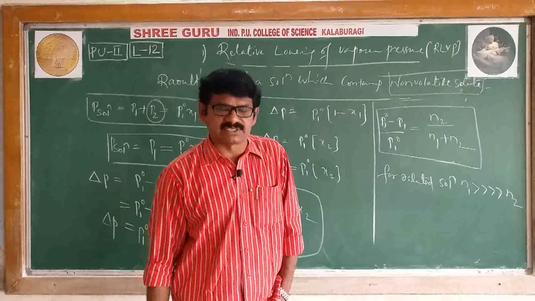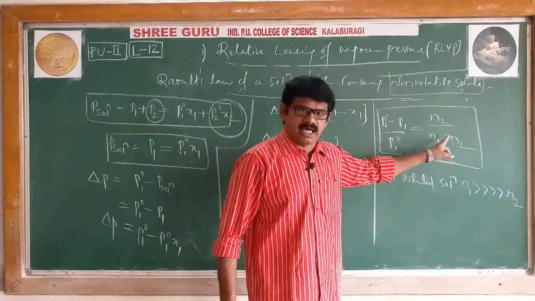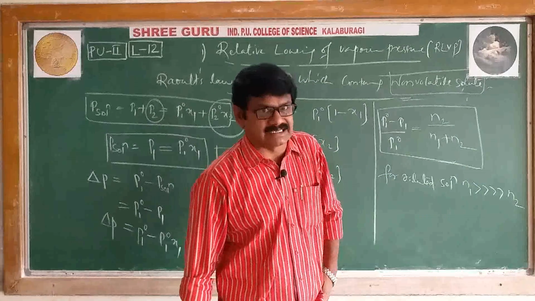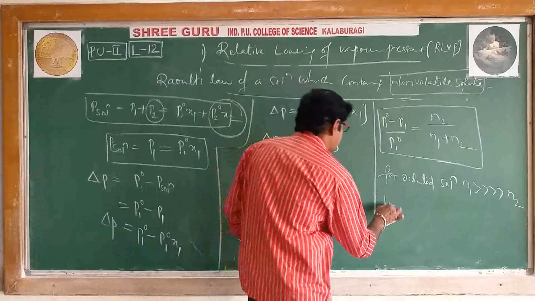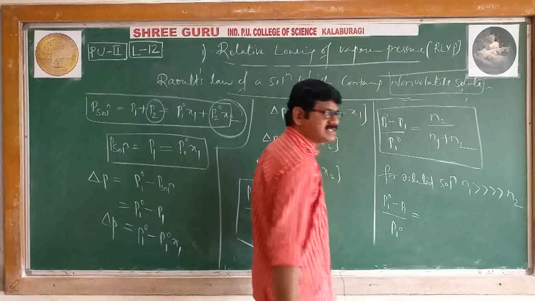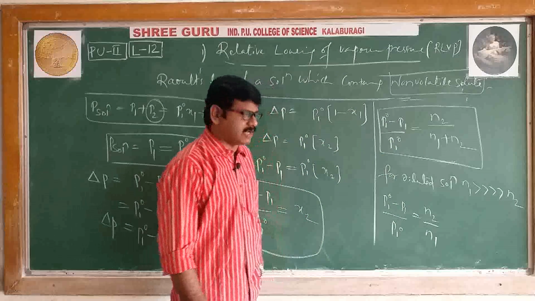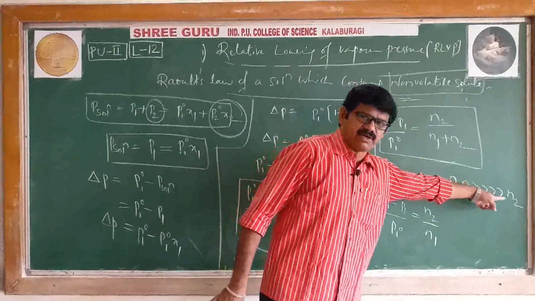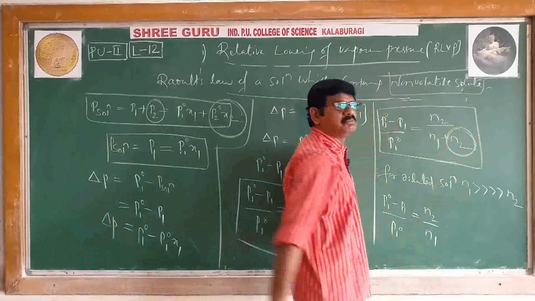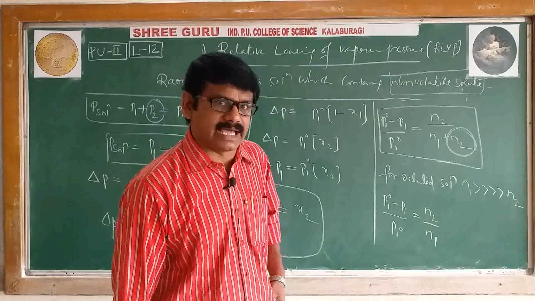Number of moles of solvent is more than solute. That's why in the denominator, I am neglecting the solute moles. Therefore, (P1 naught minus P1) divided by P1 naught is equal to N2 by N1, that's it. Because N2 moles are very small for dilute solutions in the denominator, I am neglecting them. Therefore, you will get N2 by N1.